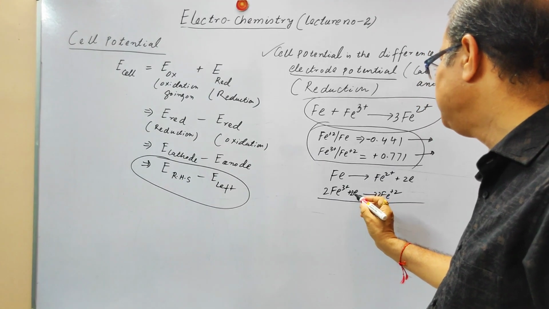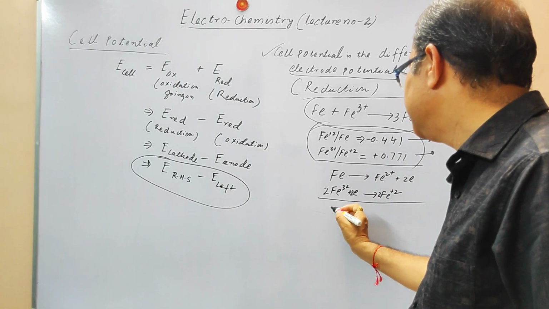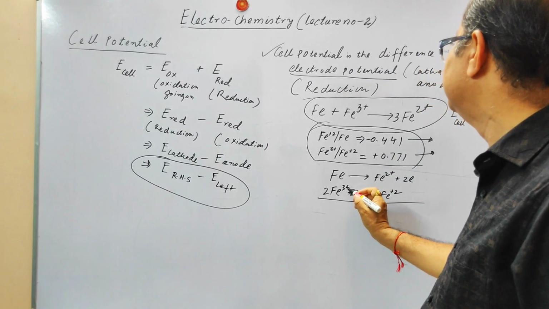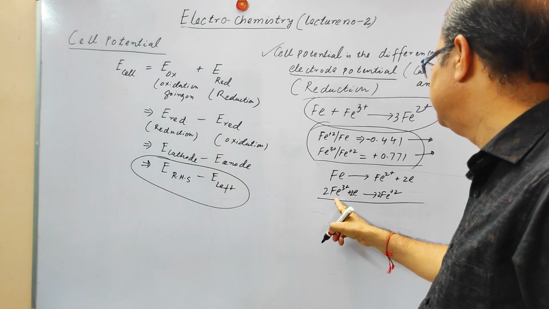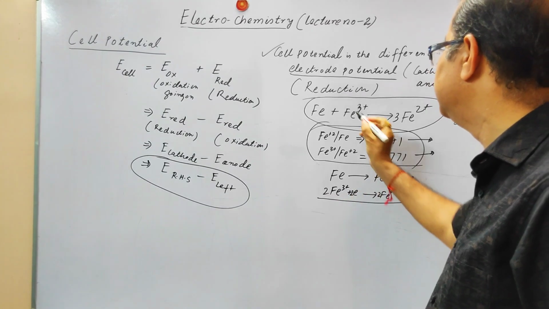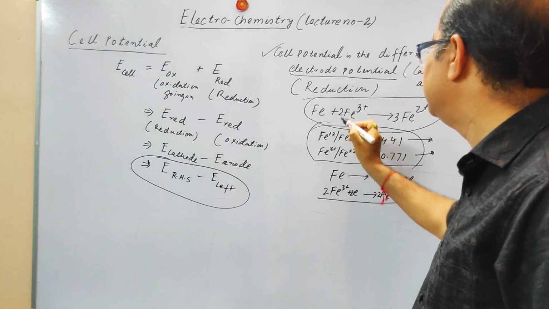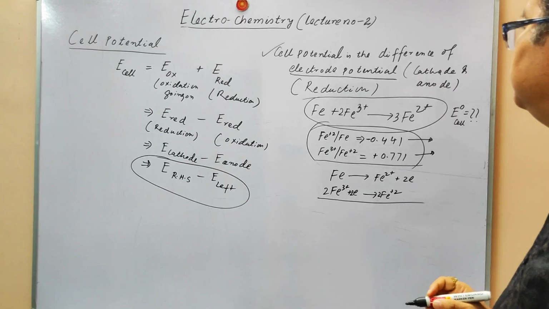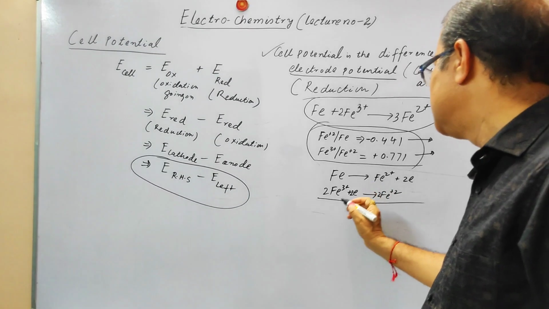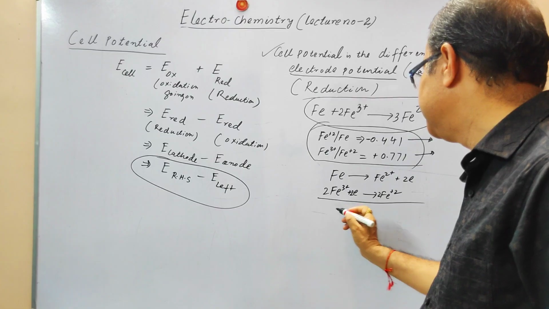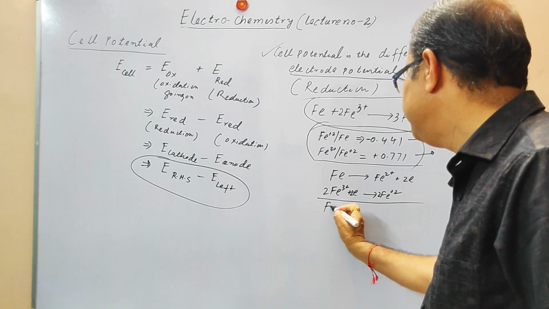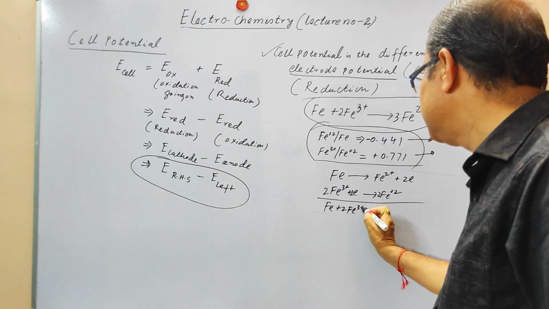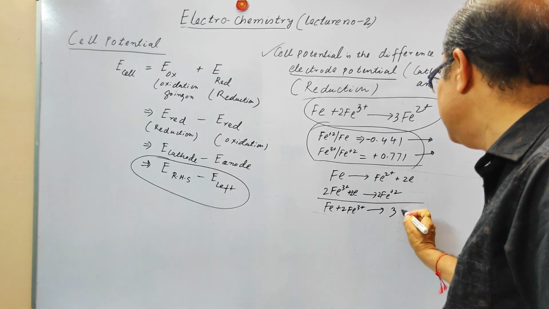So what is the reaction? Here it will be 2. So this reaction will be this: Fe plus 2 Fe3 plus is equal to 3 Fe2 plus.